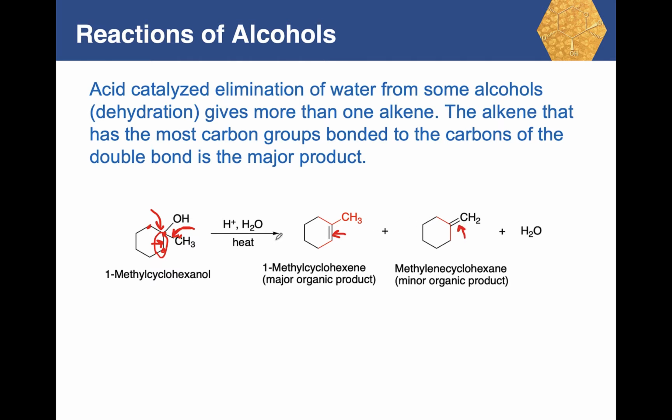Which is the major product? Here's the carbon off the double bond. One carbon off the double bond. It's bonded to one and two groups, so that's 2. Here's the other carbon off the double bond. It has a hydrogen and bonded to 1, so that makes it 3 groups.